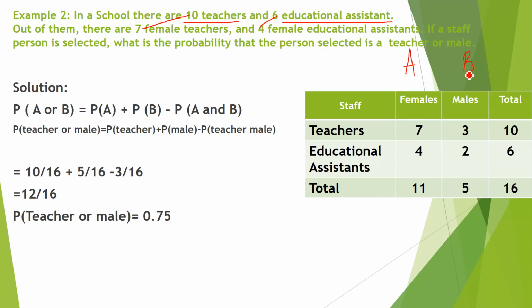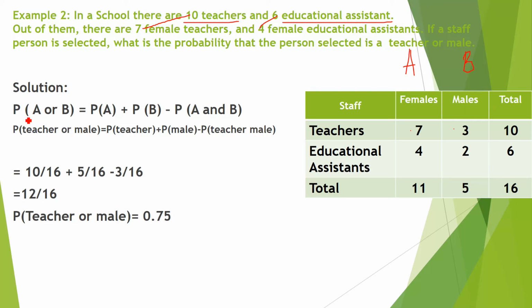First of all, you have to make the question clear, then it will be very easy to find the answer. So here I have made the table: the staff, females, male and total. Teachers, 7 female, so 3 male, total 10. Educational assistants, 4 female, out of 6, 2 male, total 6. The male total is 5, and the overall total is 16.